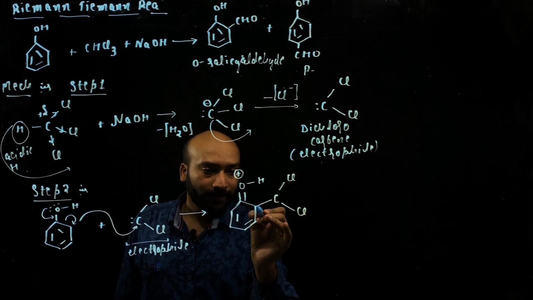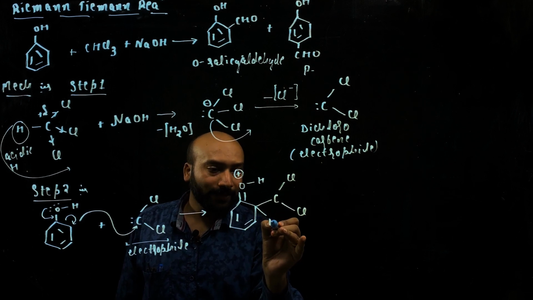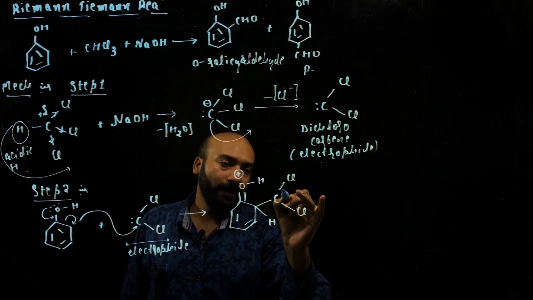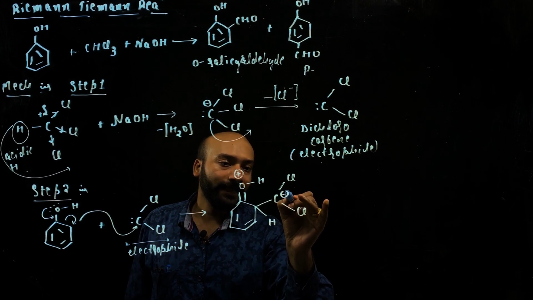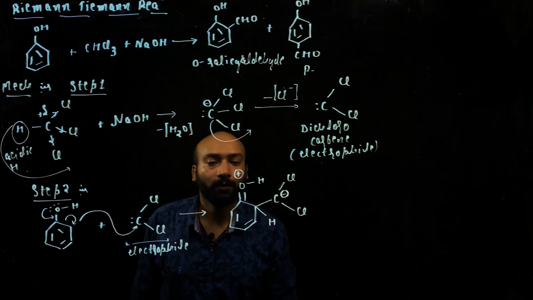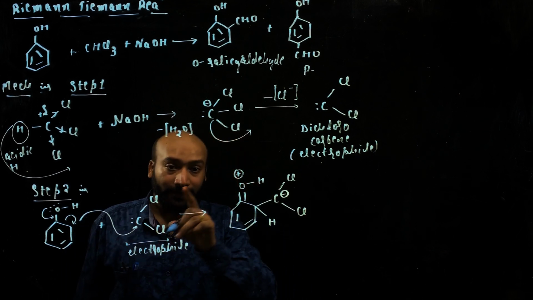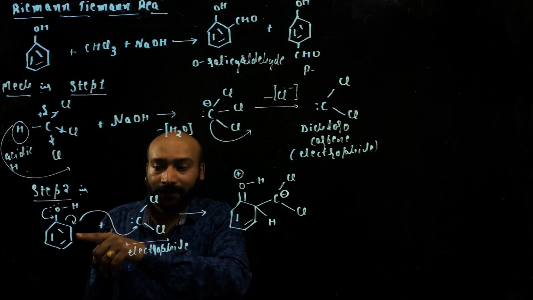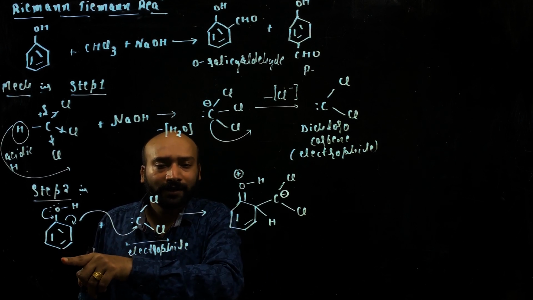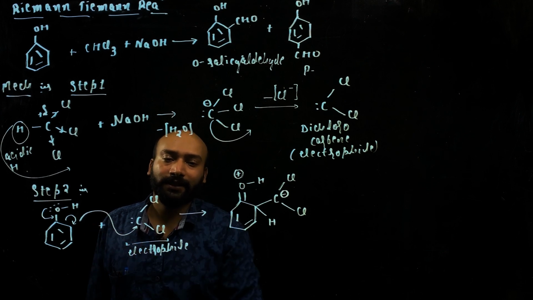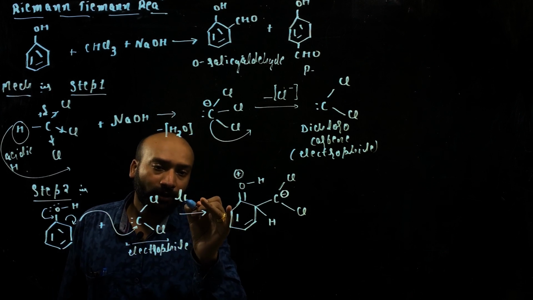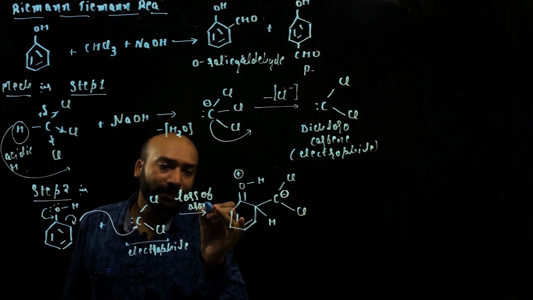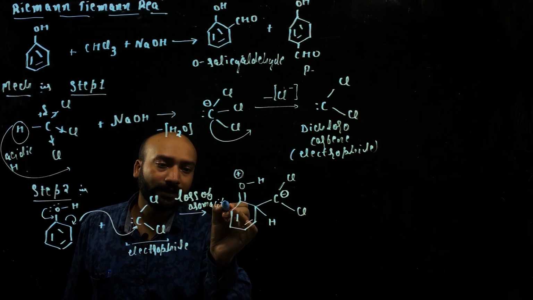This carbon also has one hydrogen atom, and the carbon acquires the negative charge. Please see in this step, the phenol has lost its aromaticity. Everyone knows this is loss of aromaticity.